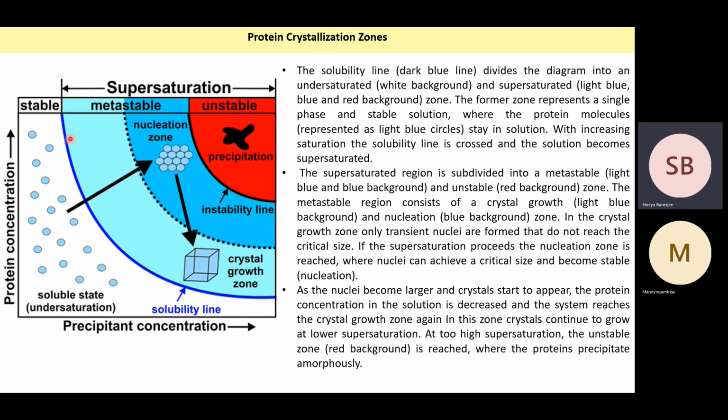The solubility line, which is the dark blue line, divides this diagram into an undersaturated zone, which is the white background, and a supersaturated zone. So this white background is undersaturation, meaning that you can add more of the protein molecules and it will still be soluble. And the protein molecules in this undersaturated zone stay in the solution.